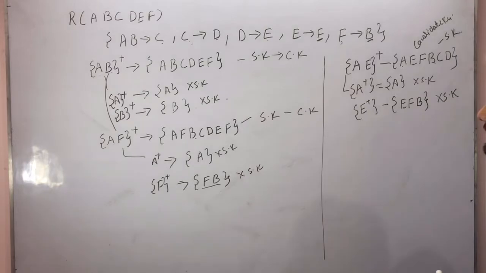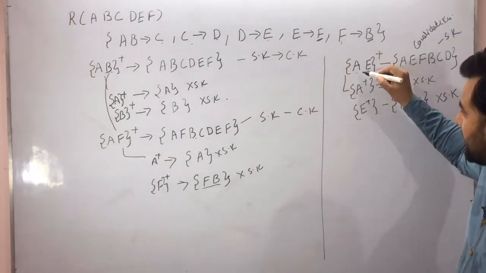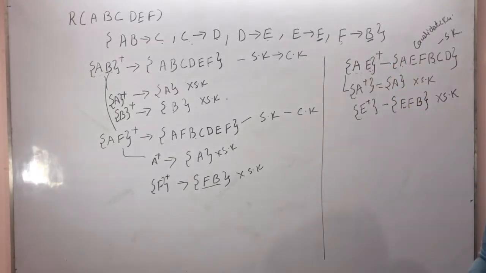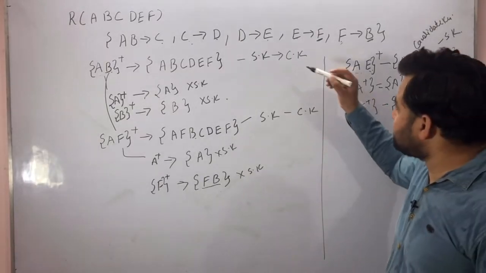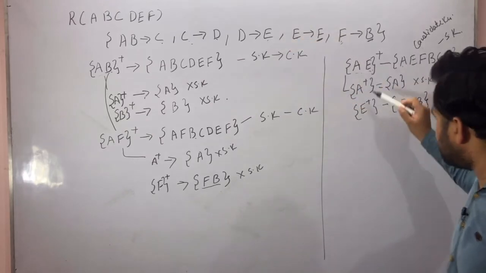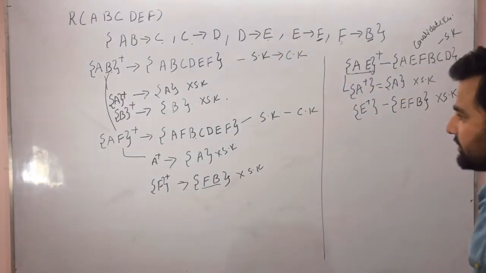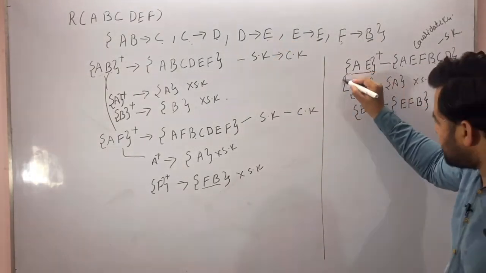Okay, now student, I will check for this AE, whether this AE or any subset of AE is determined by any attributes. So I will check that. Here we can see that this E is a subset of this candidate key, and this is determined by D. Okay, so what is the next candidate key?